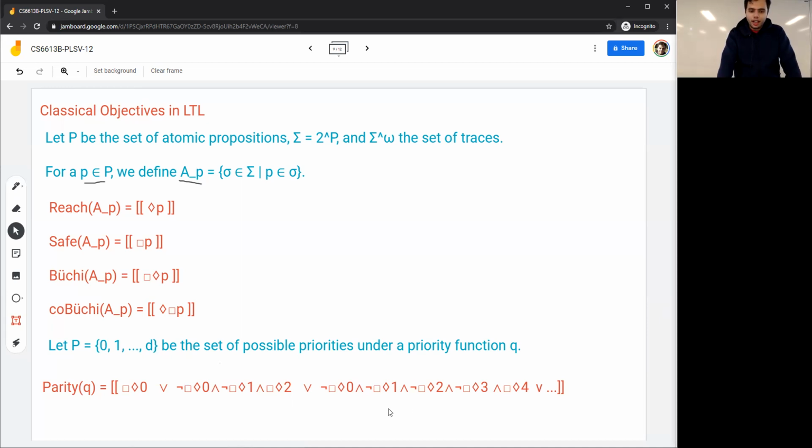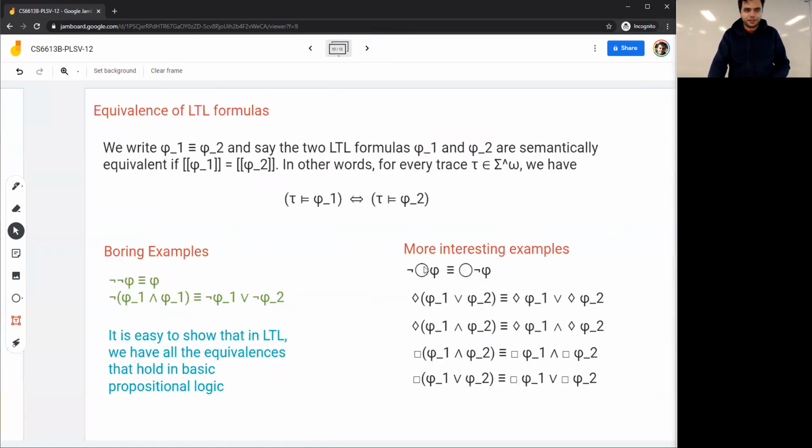And you just write this formula up until d. So a parity objective can also be written like this as the semantics of an LTL formula. This already shows you the relationship between the logical point of view and the game point of view. We are going to see a lot more of this. Okay.